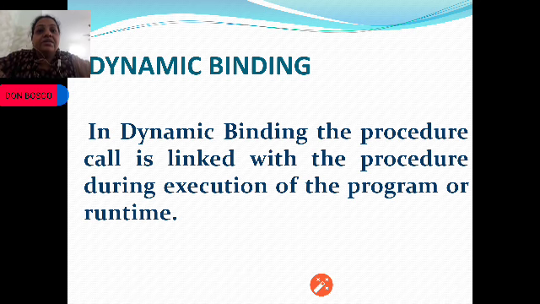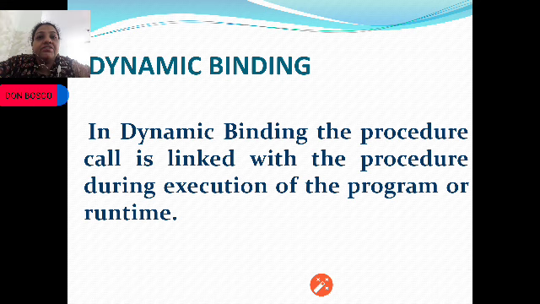Runtime is when the compiled program is executed. Dynamic binding refers to linking the procedure call during the execution of the program rather than the compilation, which means the procedure calls are linked when a program is executed, not compiled.